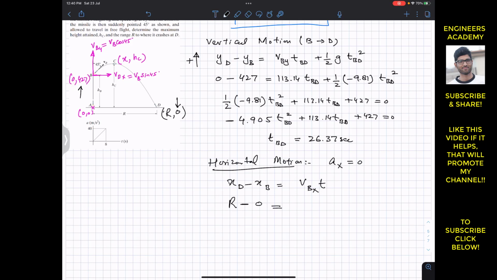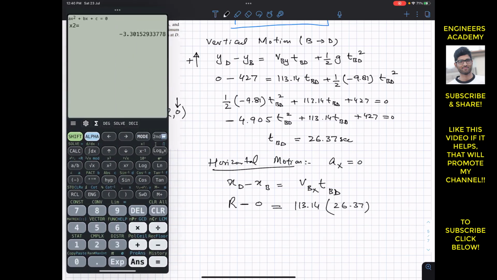And vbx is again 113.14 into tbd. Since we are finding the range, in order to travel that horizontal distance the projectile takes 26.37 seconds, so we consider this as tbd. So this is multiplied by 26.37.